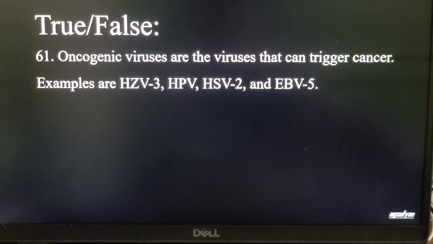Number 61. Oncogenic viruses are viruses that can trigger cancer. Examples are zoster viruses, human papilloma viruses, herpes simplex virus 2, and Epstein-Barr virus.